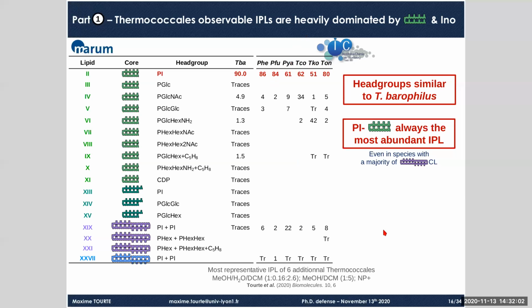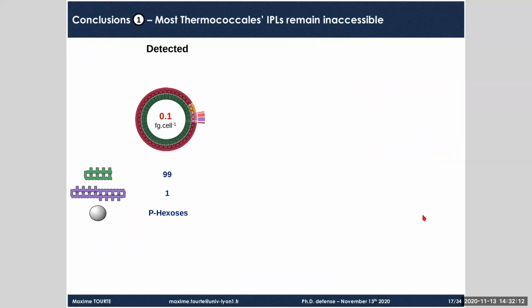So altogether, this result suggests that we might have some limitation in extracting and analyzing Thermococcales lipids, and we tried to estimate these limitations. So we quantified the lipids that we could detect in Thermococcus barophilus, which amounted to only 0.1 femtogram of lipids per cell, distributed between 99% of diethers and 1% of tetraethers, and bearing only phosphohexoses as polar head groups.